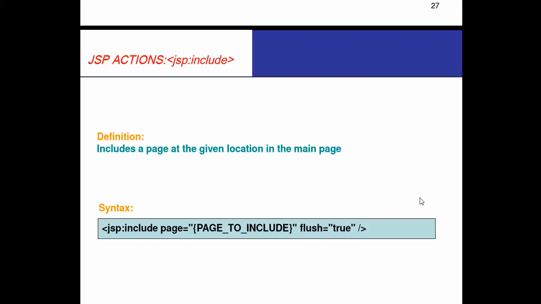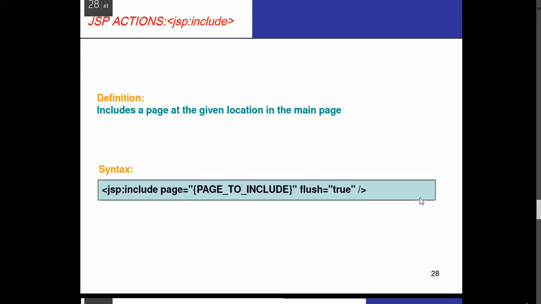Suppose page equals explore.jsp, I want all the contents from explore.jsp. That is what we keep as flush equals true. So include page includes a page onto your main page.